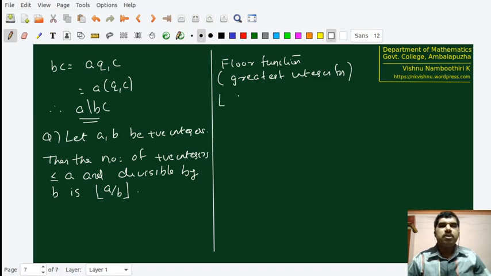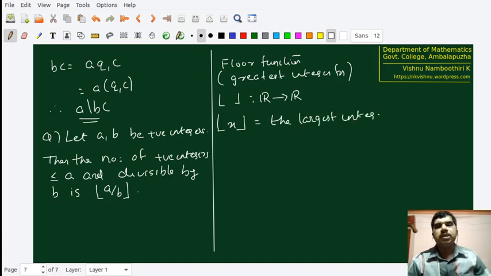This function, the greatest integer function, is defined on R. By this symbol, we mean the largest integer not exceeding x. For example, suppose that we have x is equal to 5.2.